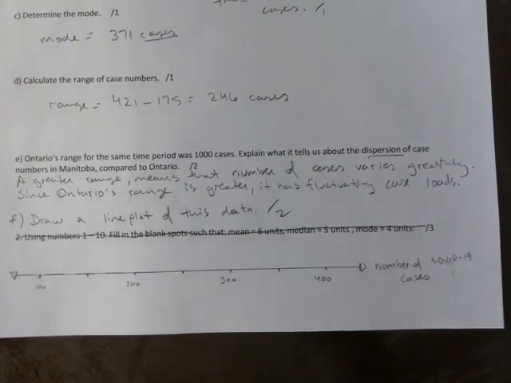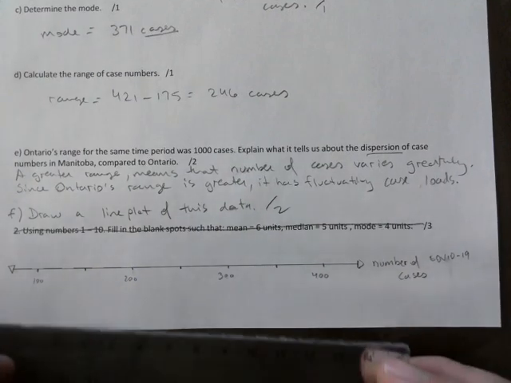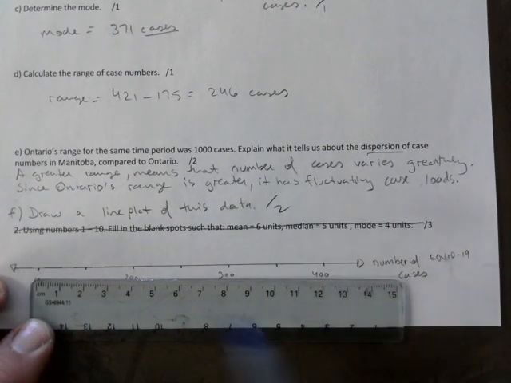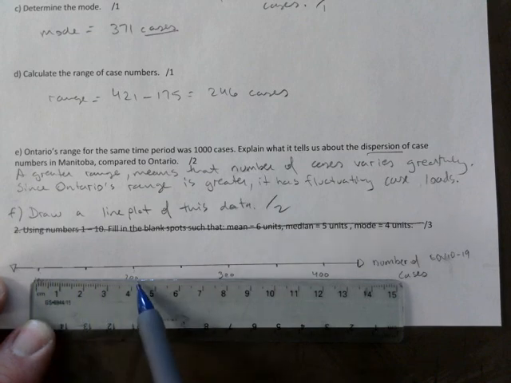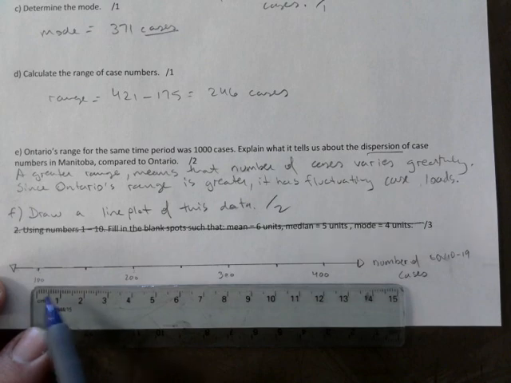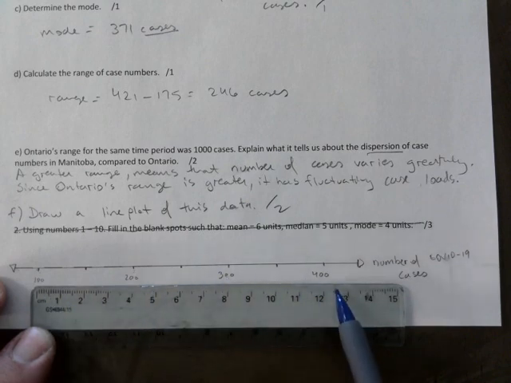And then our line plot. Yours will look different than mine, depending on the scale you've used. I just use my ruler and the markings. I'm like, let's see if I can do this: 100, 200, 300, 400, it fits.